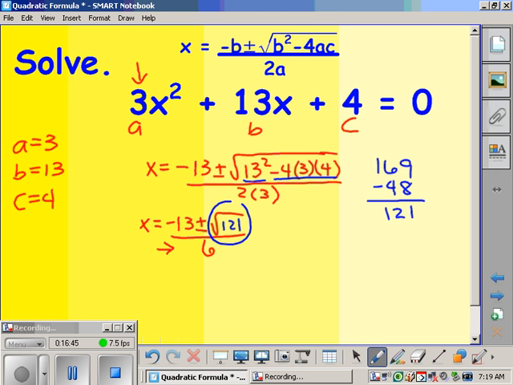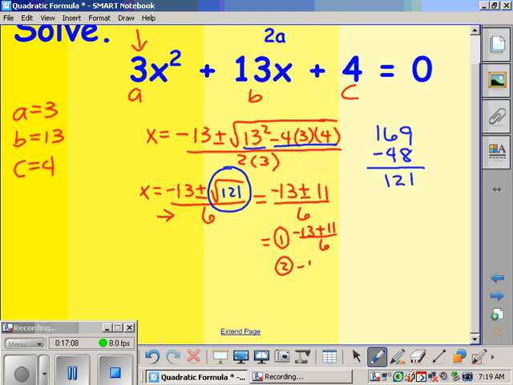And notice that's a perfect square, so that means the radical will be able to be removed, and you'll be able to actually have two x-intercepts. So we've got negative 13 plus or minus 11, which is the square root of 121, divided by 6. So we're going to have negative 13 plus 11 divided by 6, and then negative 13 minus 11 divided by 6.